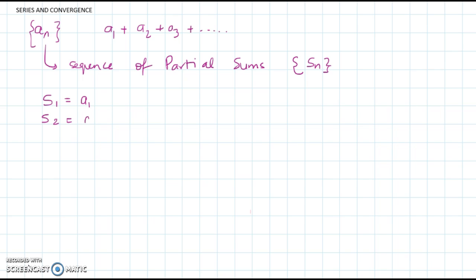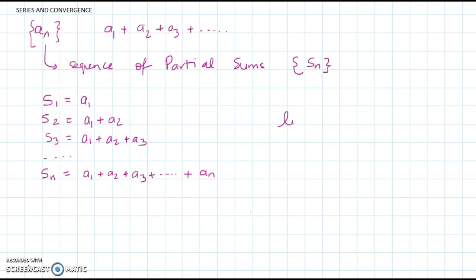Then the second term, we sum a1 and a2. In the next step, we sum a1 plus a2 plus a3, and we continue like this. So the nth term of the sequence of partial sums is the sum of all the terms of the sequence up to n. I keep going after a3 and I stop at an. This is a new sequence.